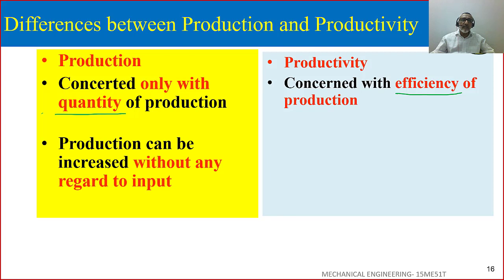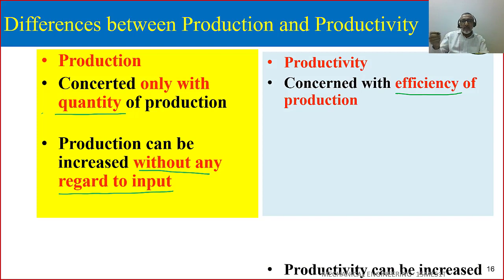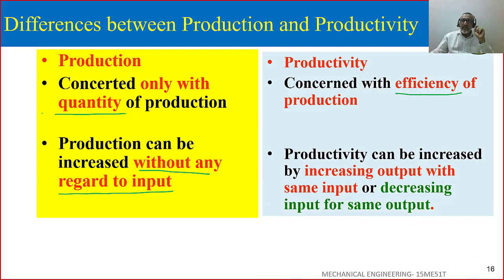Production can be increased without any regard to input. That means if I want to increase production, I don't have to be much worried about the raw materials or other types of input, because the production is going to be more. But here it is not that way. Here I can increase the productivity by increasing the output with the same input. So I will have to slightly increase the output without increasing the input.